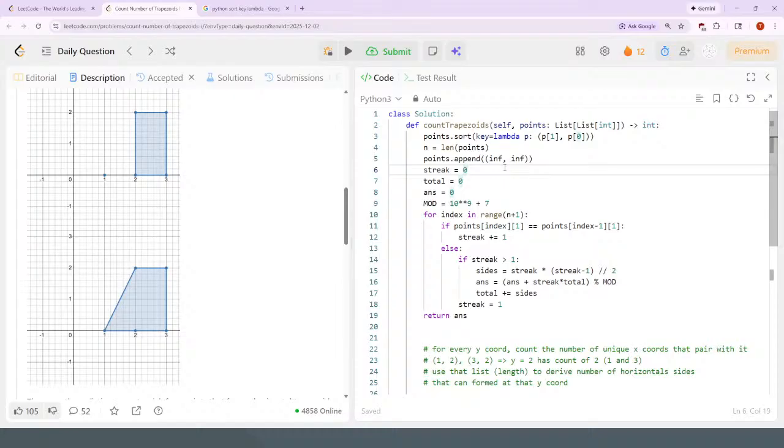No. Let me think. So if it's a new streak, then that's the first point at that y coordinate. So streak should equal 1 at that point. And then the next time y coordinate's the same, and streak increases to 2. Or if you have a y coordinate that's different, then streak goes back to 1.